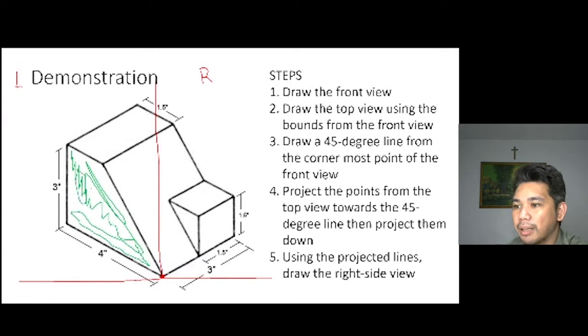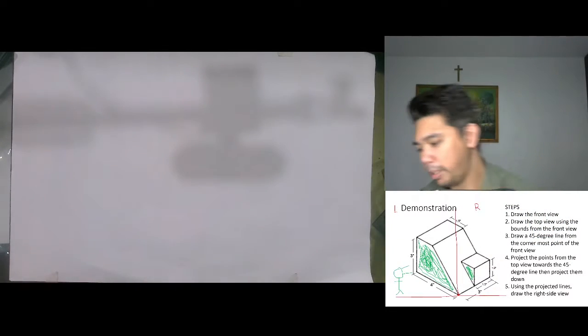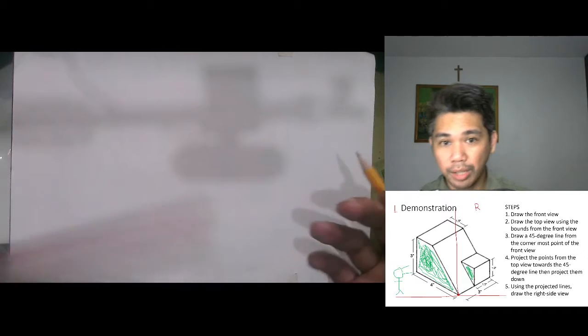But aside from that, if a person is looking from this side, aside from this face, he will also be seeing this face. So that's the first step. We were able to determine which is the front view. It consists of two different planes. So going to our paper, we will draw the orthographic projection.